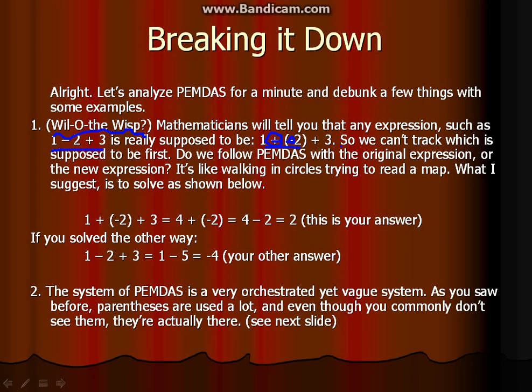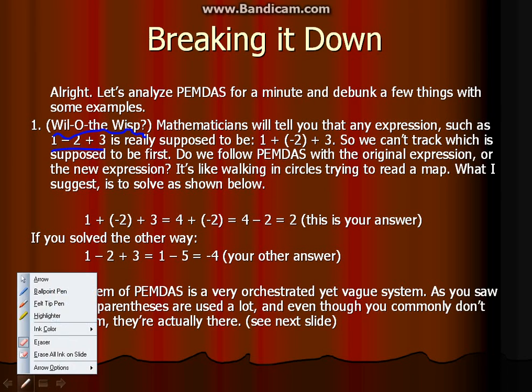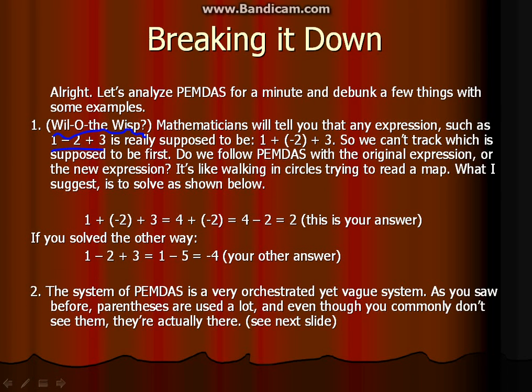You'll learn this later. So you can't track which one is supposed to be first. When you simplify it in this form, are you supposed to simplify with the addition first, or combine like terms here, or go in order?